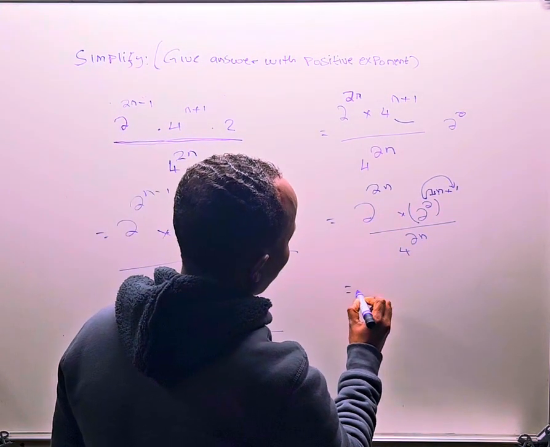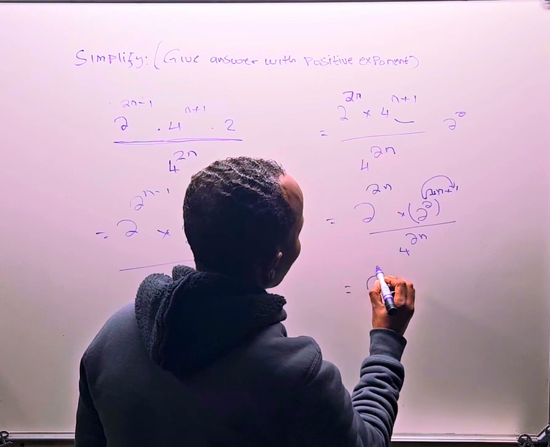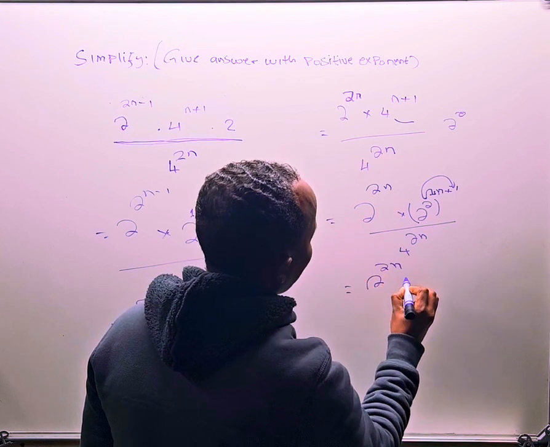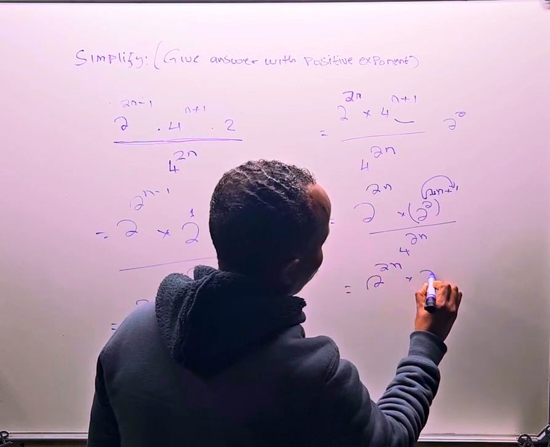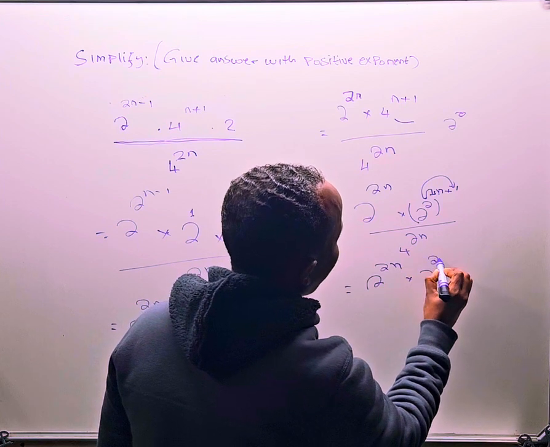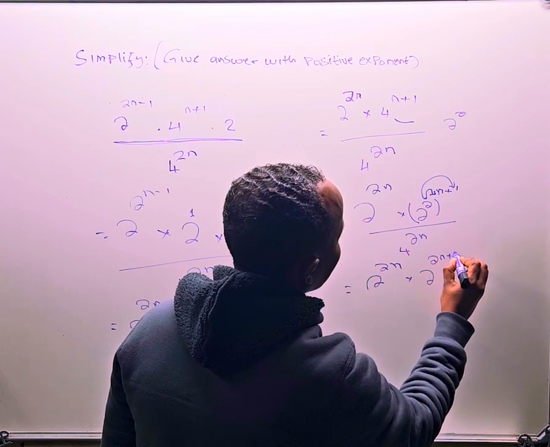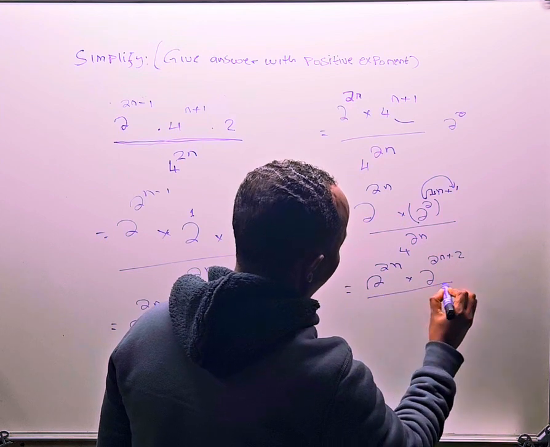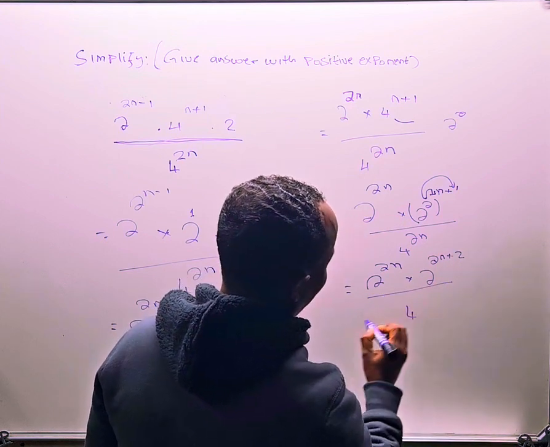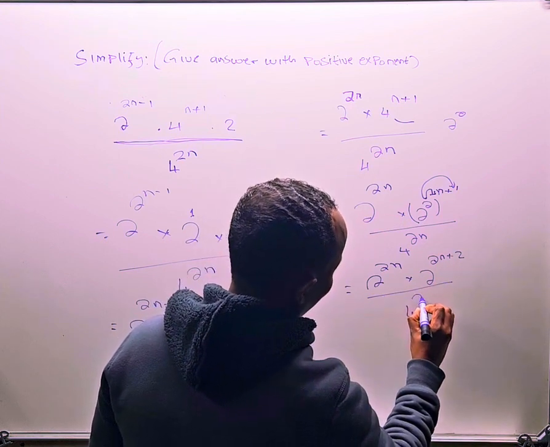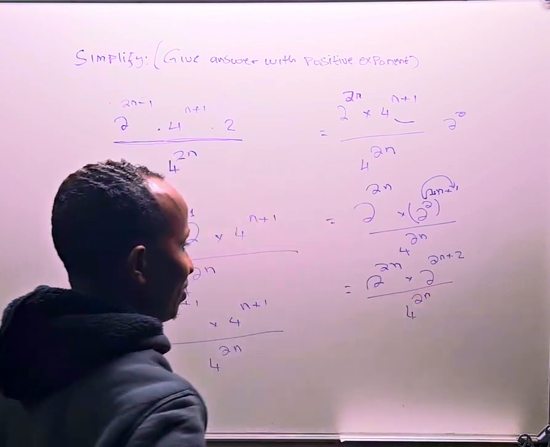This simplifies to 2 to the power of 2n times 2 to the power of 2n plus 2, over 4 to the power of 2n.